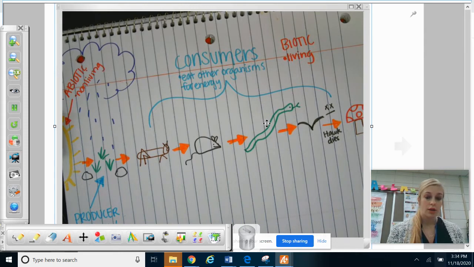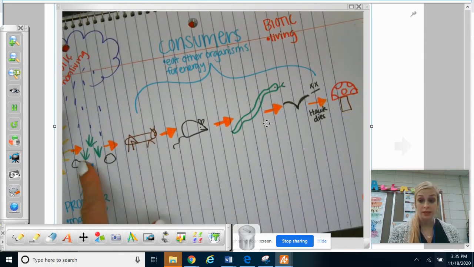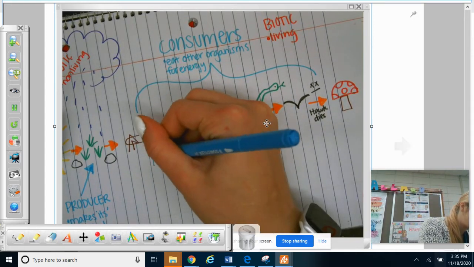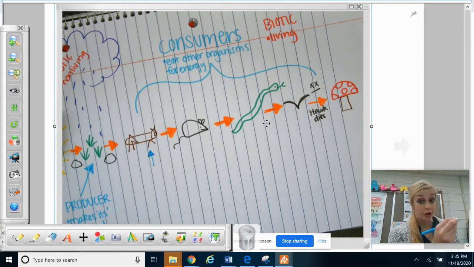All right, so a couple more things we need to label on here. The grasshopper only eats grass or plants. It doesn't eat any animals. So do you remember what that is called? Something that only eats plants, no animals. Well, it's only eating herbs, plants, that's how I remember it.